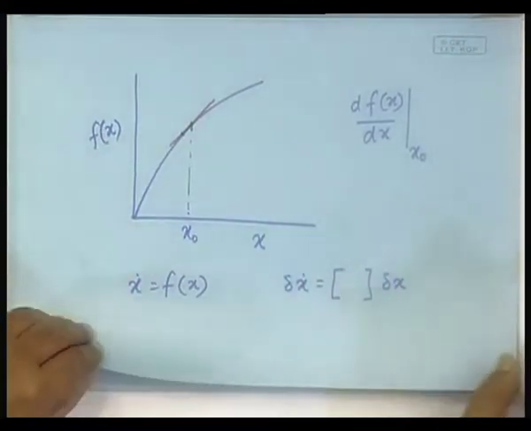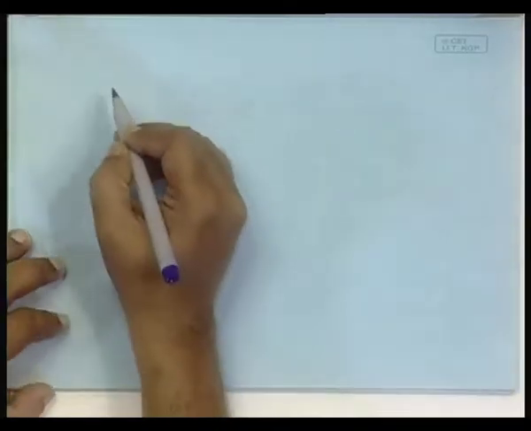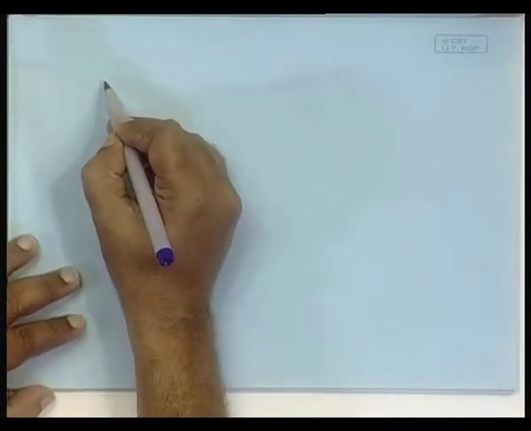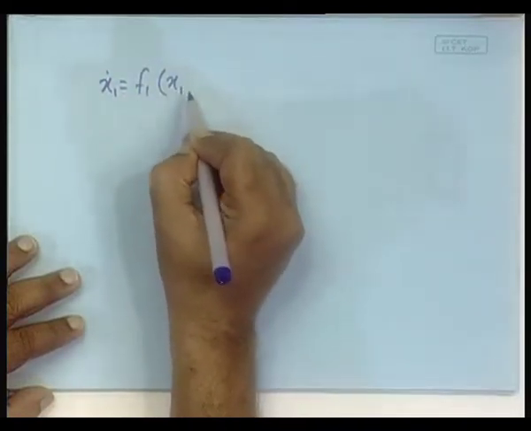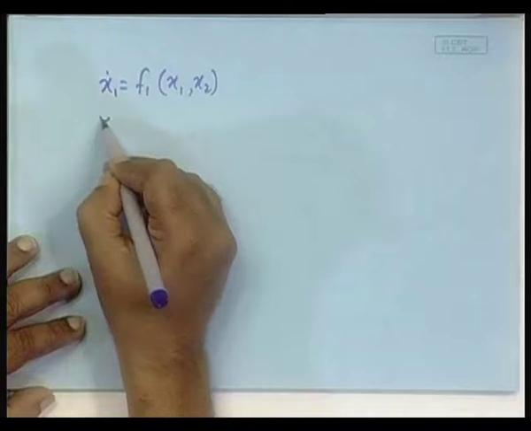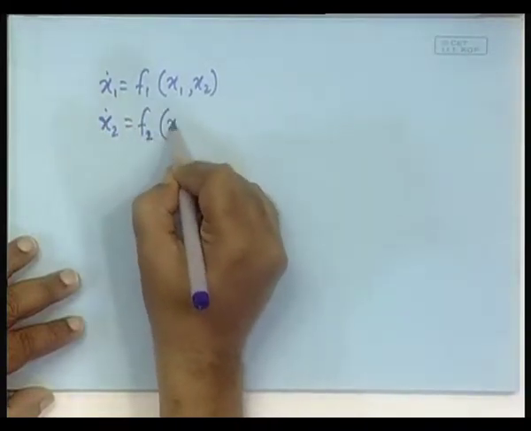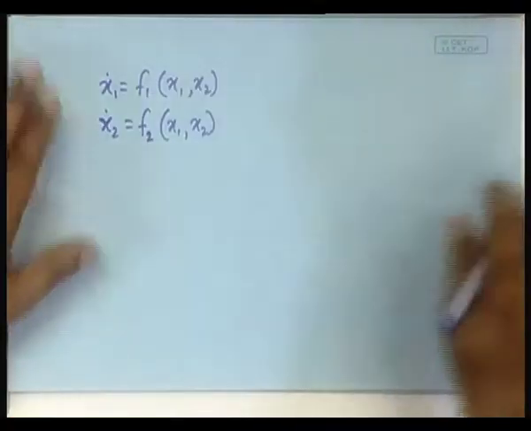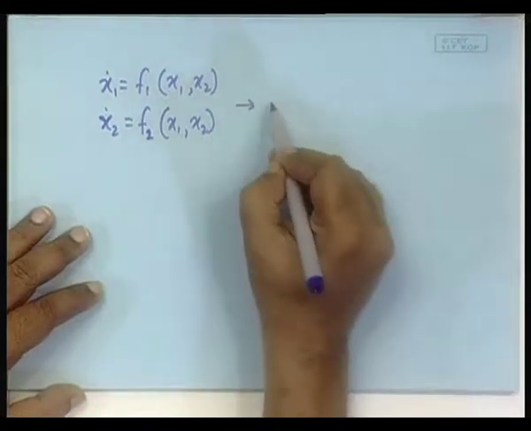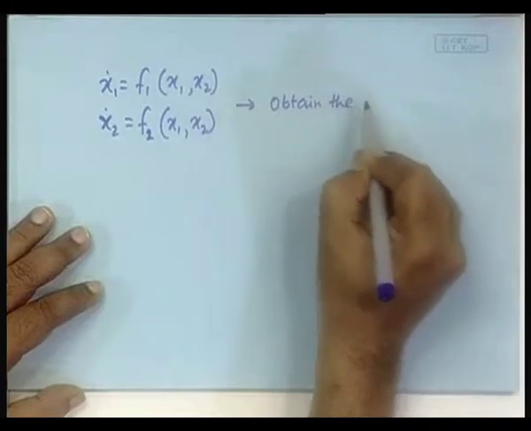Okay. So, when we do the same thing here in such a system, we will also do the same thing. Ultimately, if you have originally the equation given in the form x1 dot is equal to f1(x1, x2) and x2 dot is equal to f2(x1, x2), whatever the right hand side, first obtain the equilibrium point.